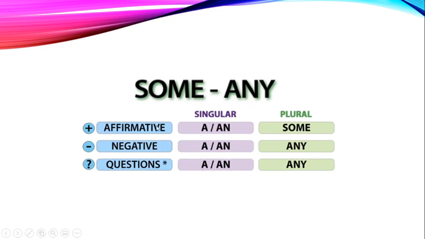We can use it in affirmative, negative, and questions too. But we cannot use some, neither in negative nor questions. We use any for negative and questions, okay? So some is just going to be in the affirmative. Any is going to be just in negative and questions.